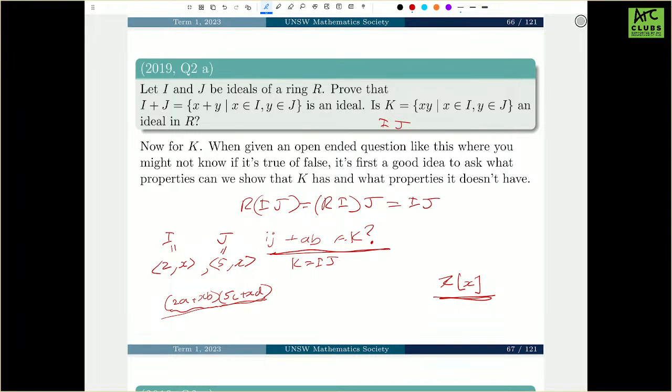So let's assume additive closure and find two elements of IJ, sum them, and show that, if we don't assume additive closure, that element can't possibly be in K.